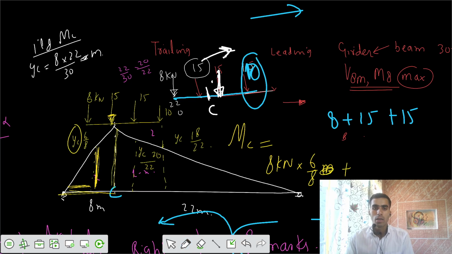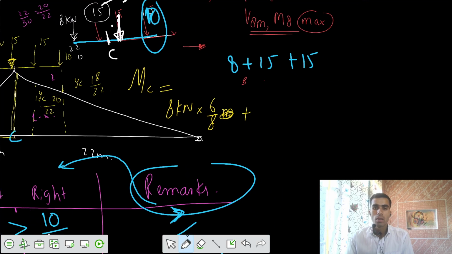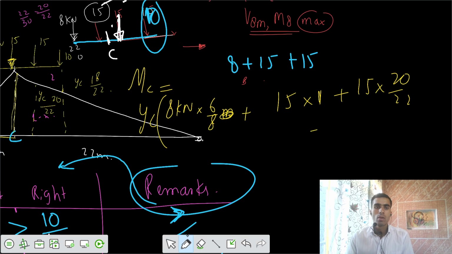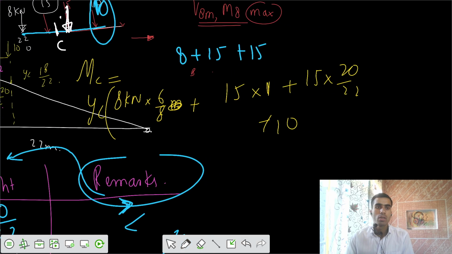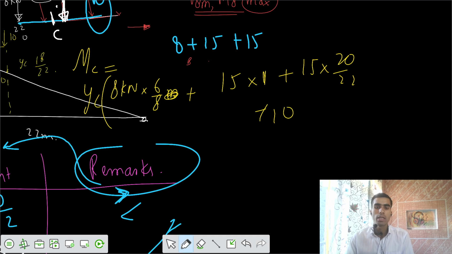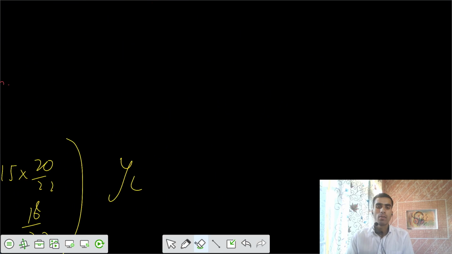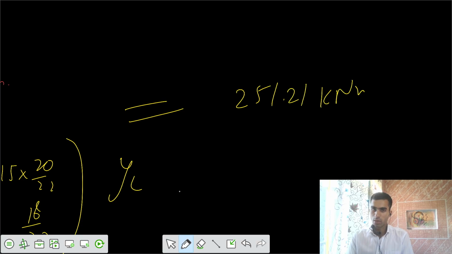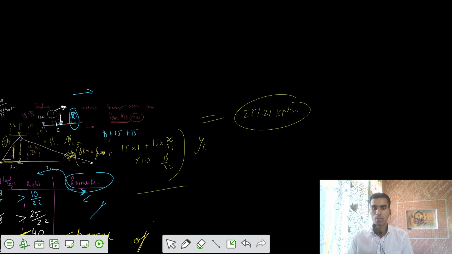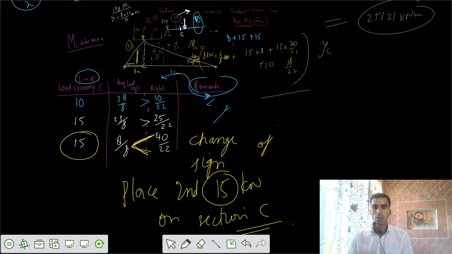Plus 15 kilonewton into 1, plus 15 into 20 by 22, plus 10 into 18 by 22, multiplied by YC. You can get the final value of moment equal to 251.21 kilonewton meter. I hope that you got the problem, what we are doing.